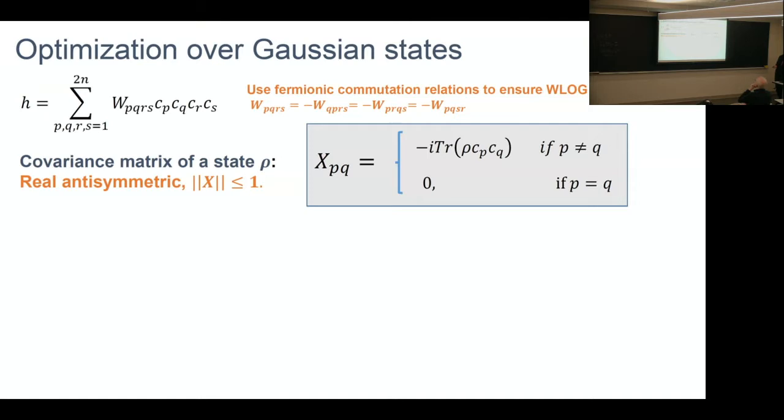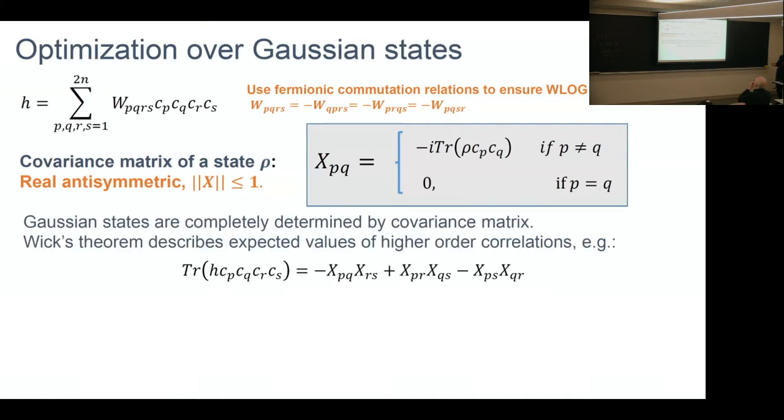This should be trace of rho, not h. And these higher order things can always be computed in terms of the covariance matrix using a thing called Wick's theorem. So this formula is already enough to compute the expected value of H in any Gaussian state as a function of the covariance matrix. And when you do that, you will get an expression which says that the energy of a Gaussian state is now a quadratic function of the entries of this covariance matrix, which is a real antisymmetric matrix of norm at most 1.